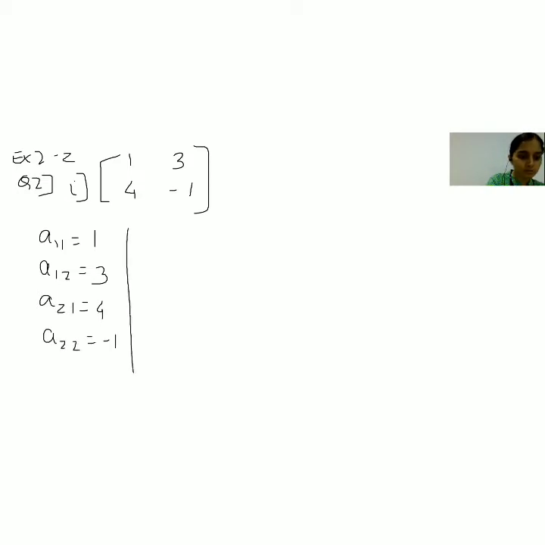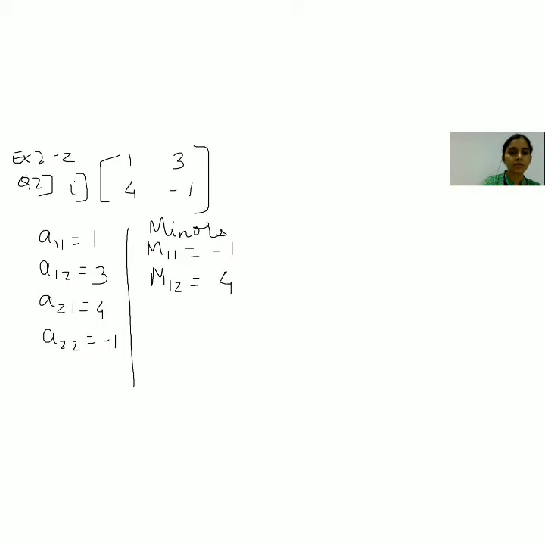Okay. Let us find the minors of each. M11 is equal to, how do we find the minor? Hide the row and the column in which that element lies. So one lies in the first row, first column, hide both of them. So the minor is minus 1. M12 is equal to first row, second column.